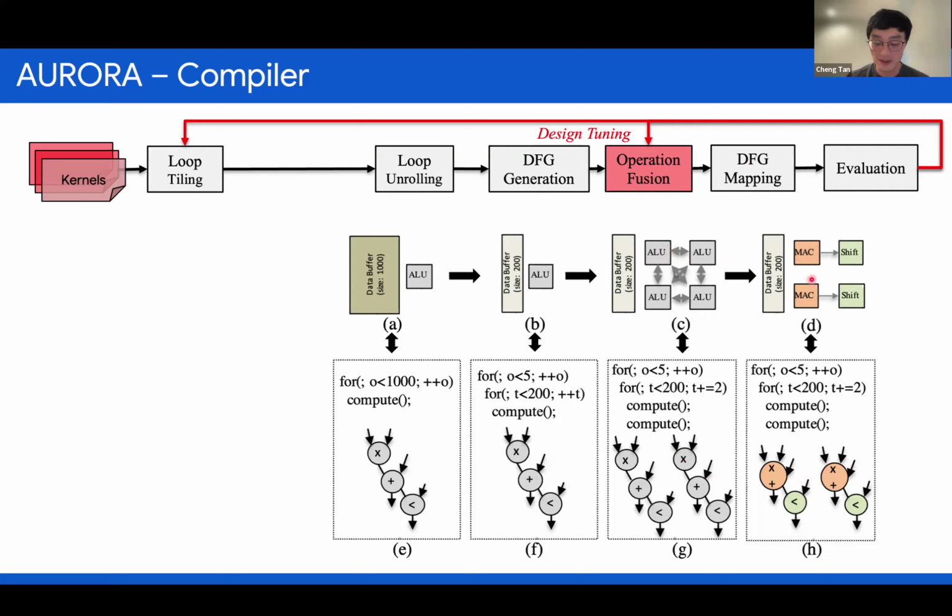So this is kind of tailoring your architecture. All these things are done automatically with a simulated annealing engine. And as a user, you just need to provide the objective and budget, and the tuning will help you form a target design given a set of kernels.